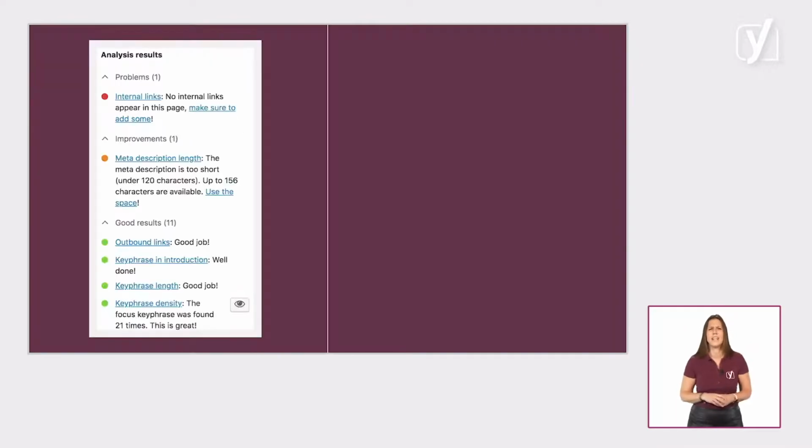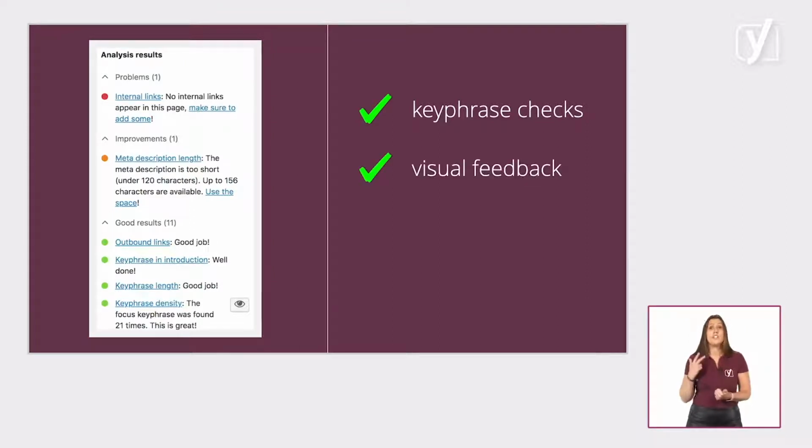Let's get back to the analysis. After you entered your focus keyphrase, we run several checks on your content. A lot of them have to do with your keyphrase. Did you use it in your title, your introduction, your headings? Did you use it often enough or maybe too often? We give you feedback about all these things. Green, orange and red bullets indicate what you did well and what needs improvement.